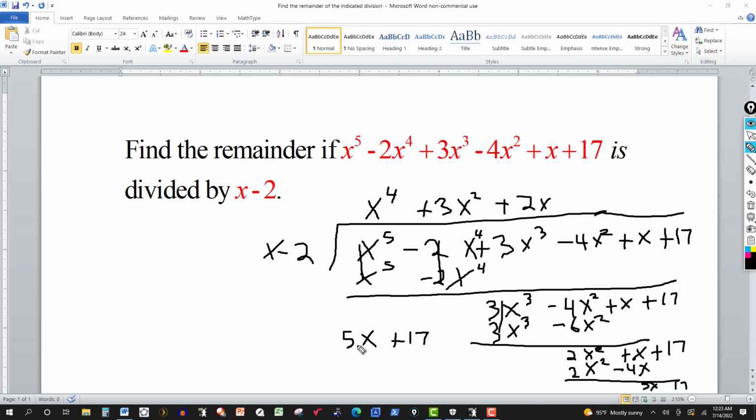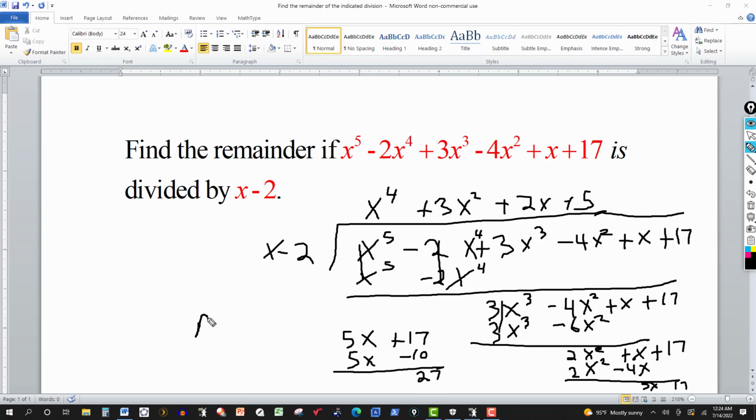So x into 5x is a plus 5. And then we multiply: 5 times x is 5x, and 5 times a minus 2 is a minus 10. And we subtract here. 5x subtract 5x, cancel. 17 subtract a negative 10, that becomes a plus 10. So 17 and 10 gives me 27.